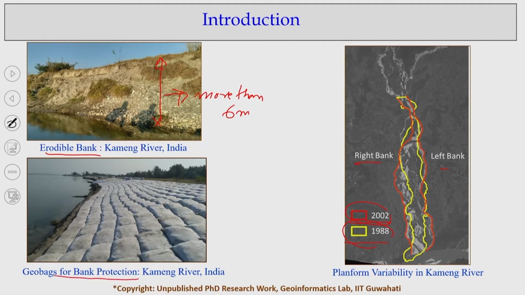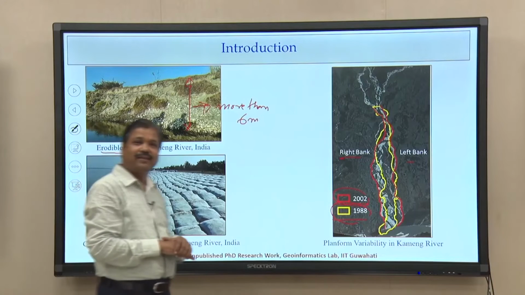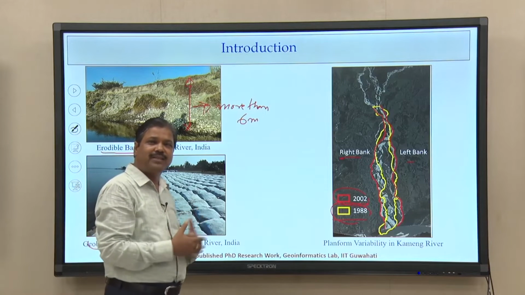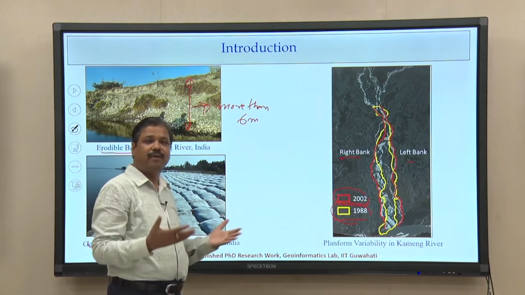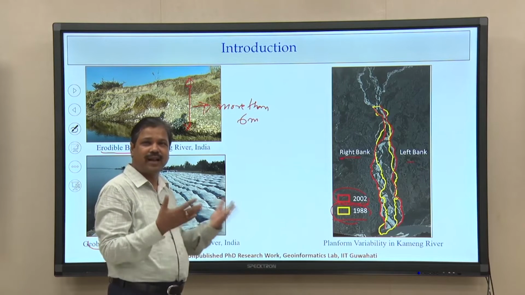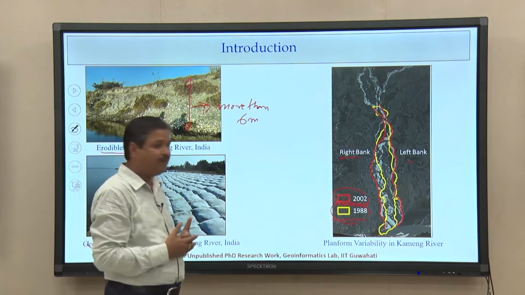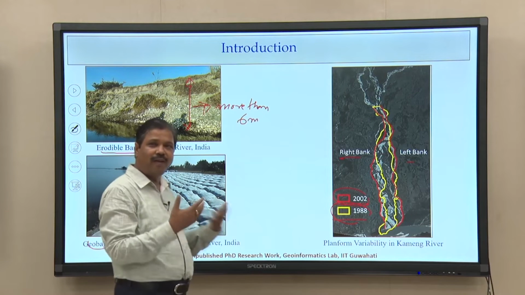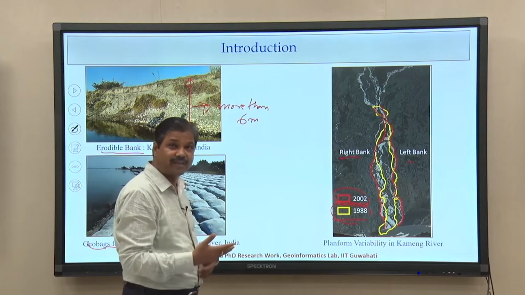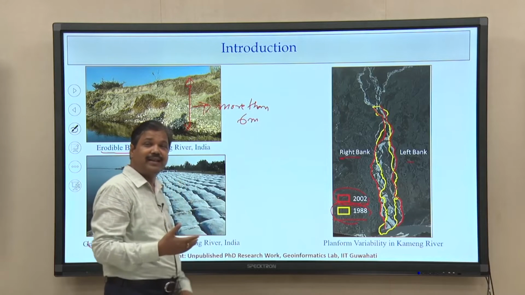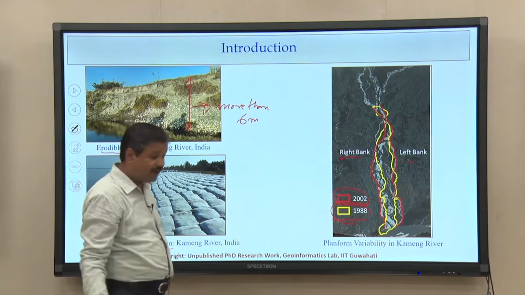Some river protections like geobags we have been doing to protect the river banks. So, we have a lot of experience in the last 1 or 2 decades of how to protect the river banks of the Brahmaputra, Ganges and other alluvial rivers. So, we try to understand how we have to design the river bank protection work as technically as possible. That is the idea today.